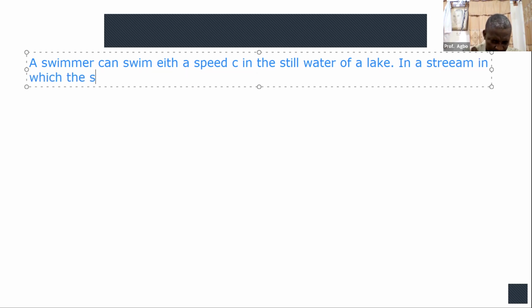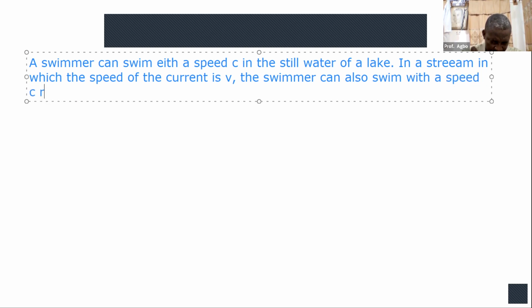In a stream in which the speed of the current is v, the swimmer can also swim with a speed c relative to the water in the stream.